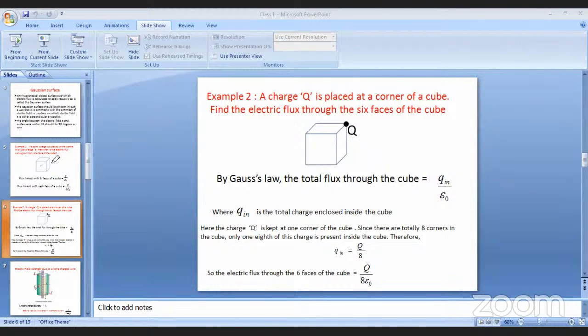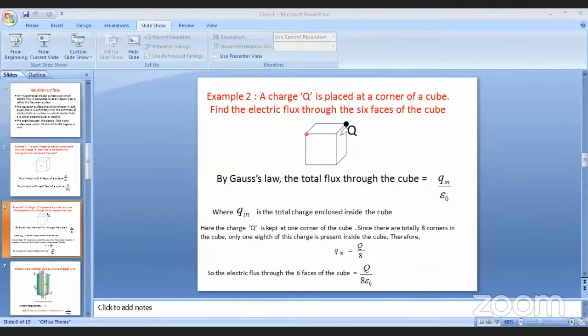Totally there are 8 corners in a cube. So since this charge is present at one of the corners, it makes only 1/8 of the contribution to the charge inside. That means when you take the value of charge inside, it is Q by 8, because it is at the corner and there are totally 8 corners.